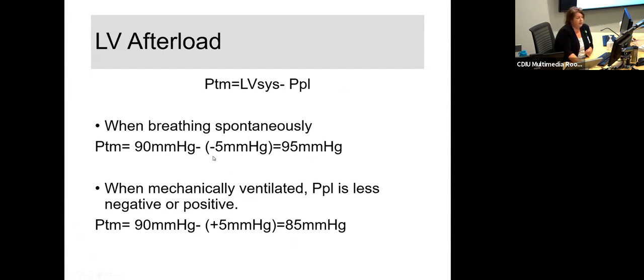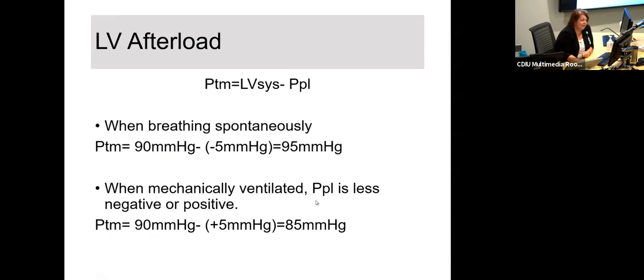When I do that, my left ventricle has contracted and generated 90, but now I'm 5 millimeters to the negative, right? And I have to subtract the difference. So I'm going to generate 95 millimeters of mercury. That's my transmural pressure. That's the pressure that I need to overcome to get a blood pressure down on my right hand.